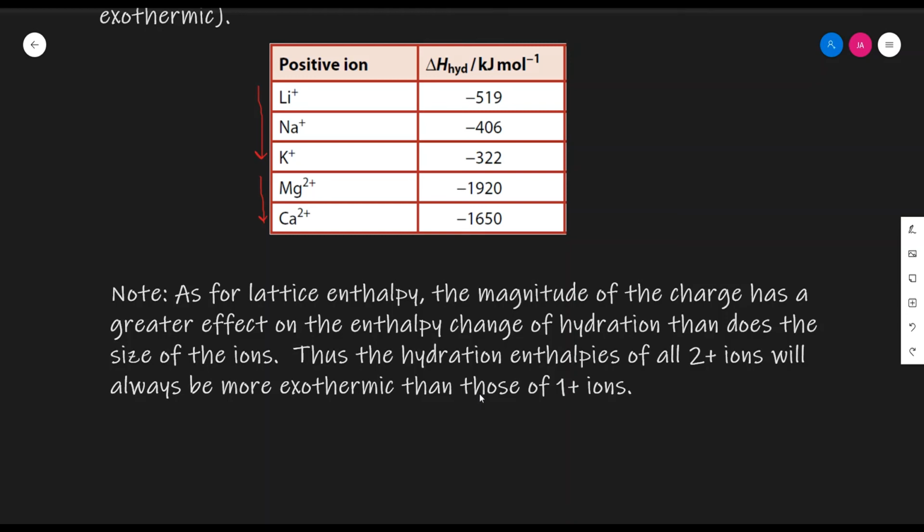This applies to negative anions as well. It's the exact same thing for anions, and thus they are the exact same factors as for lattice enthalpy. If I were given two ions with the same charge, my answer would involve discussing the ionic radius of these ions. But if these ions had different charges, my answer would only involve discussing their charge.